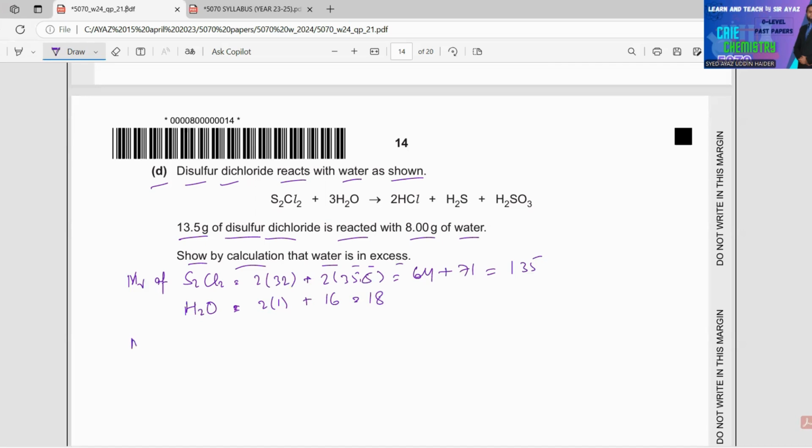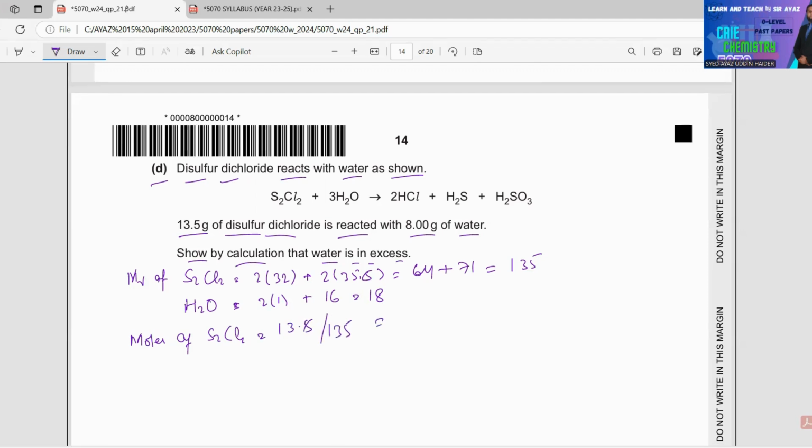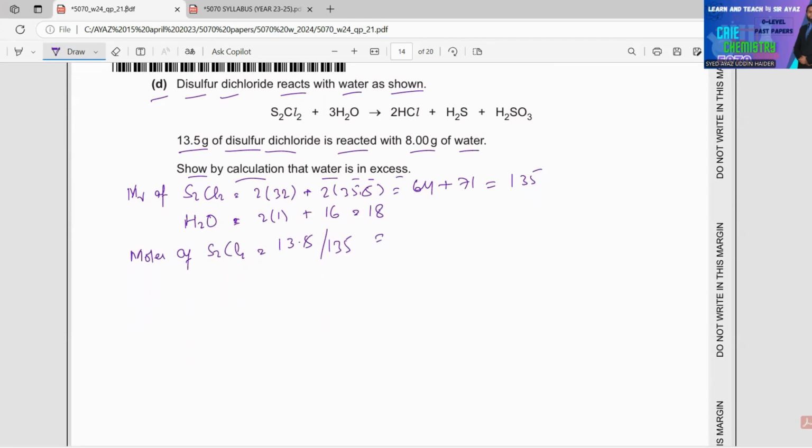So now the moles of S2Cl2, 13.5 divided by 135 will become 0.1 moles. What about H2O? 8 divided by 18 will become 0.444 moles.